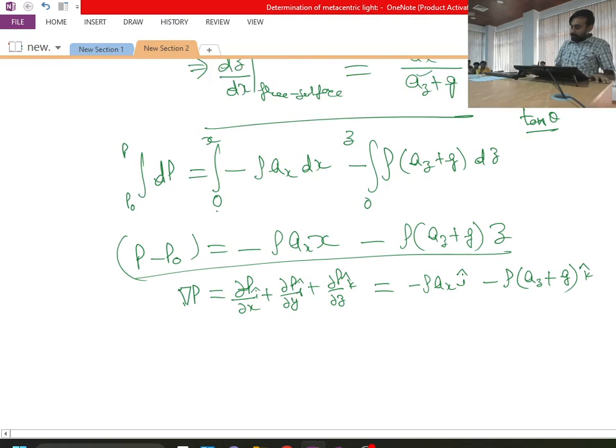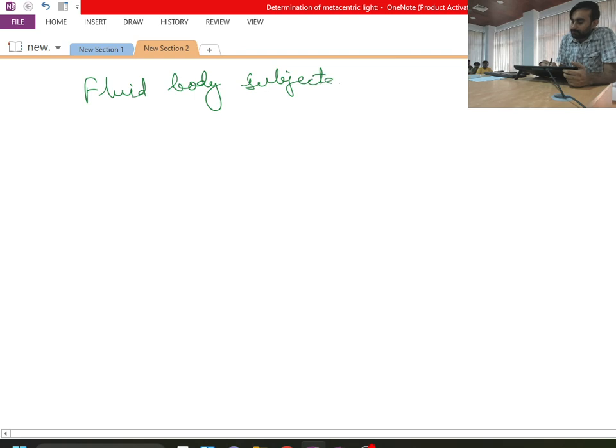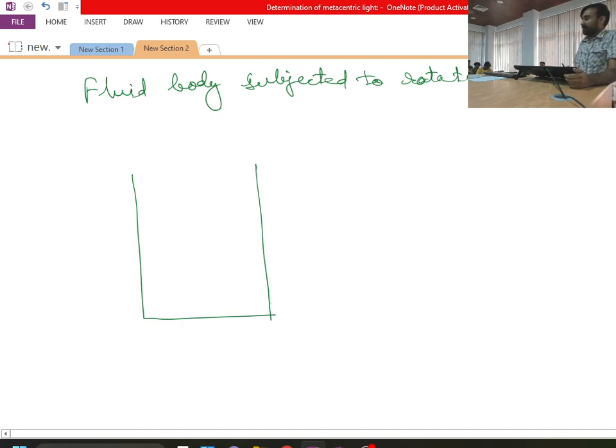So now we will talk about the next example, which is if my fluid body or liquid body is subjected to rotation. Say I have one container, and in this container I have some liquid resting at height h0.